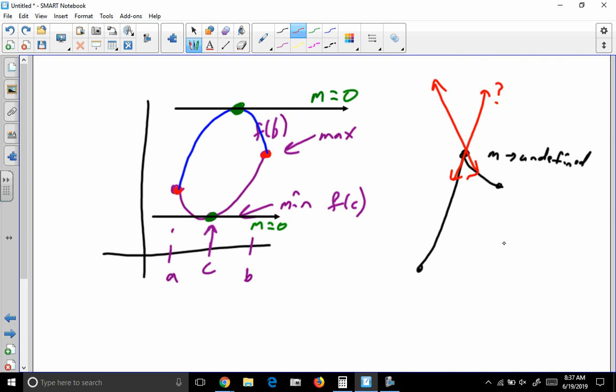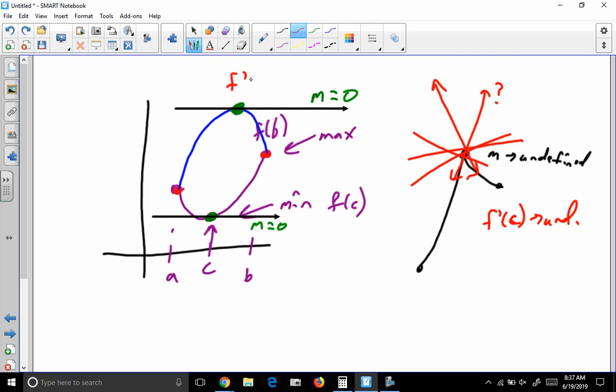So who's to say which one of those it is? Is it like that? Is it like that? There are lots of tangent lines that we could draw to that specific point, so we can't really define our slope. So we would say that our first derivative at that point is undefined. The first derivative does not exist at that point.